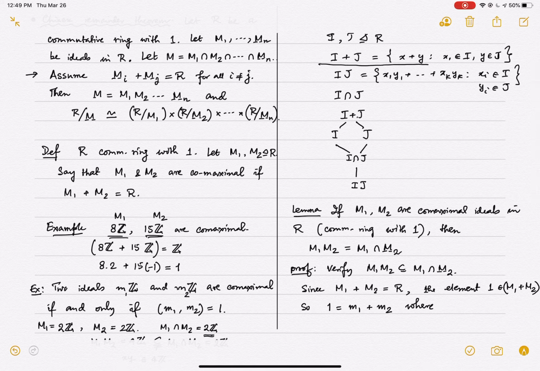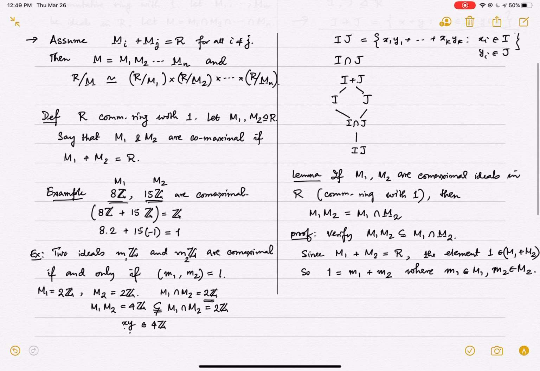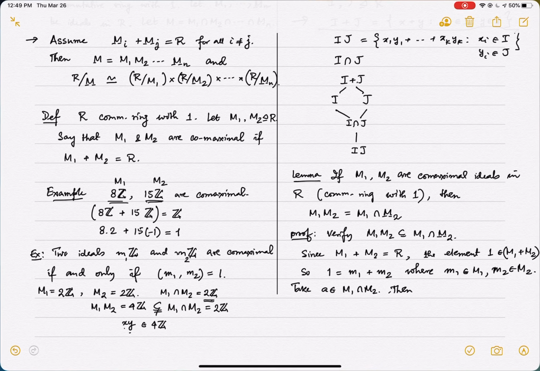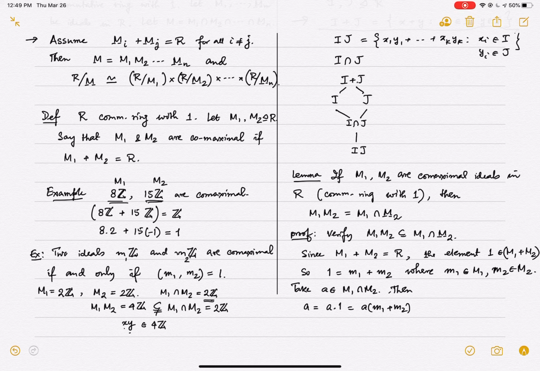Little m1 is from M1 and little m2 is from M2. Now take A in the intersection of M1 and M2. Then A is the same as A times 1, which is the same as A times (m1 plus m2), which is the same as am1 plus am2.